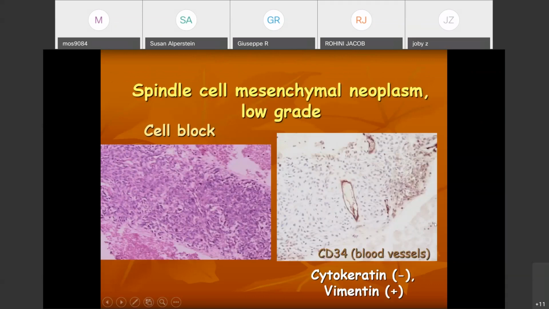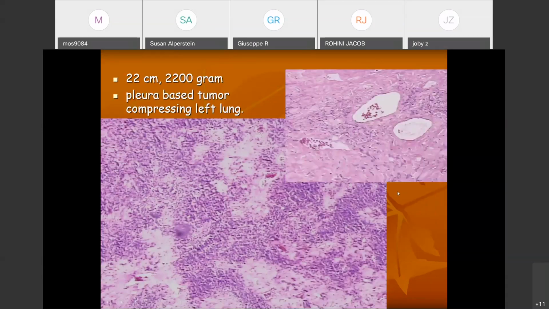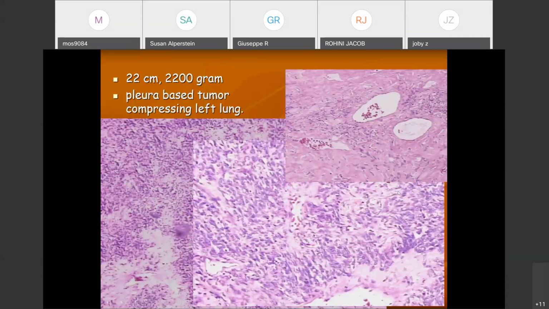Low grade. So it's a Bellevue case. So they took it out. It's a giant tumor, 32 centimeters, pleural-based tumor, compressing the lung, solitary fibrous tumor. It's benign.